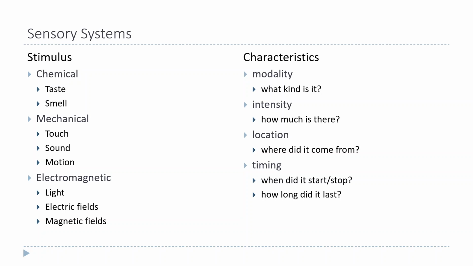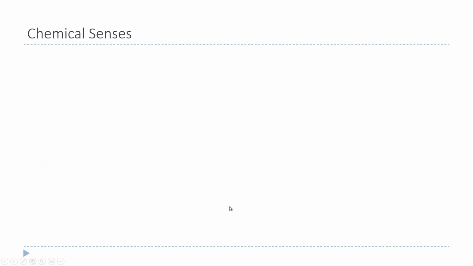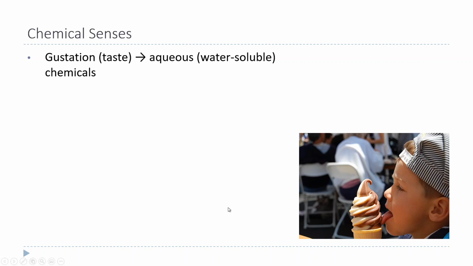Now, getting specifically to the chemical senses, there are only really two that we're going to talk about. So taste is probably the simplest of the sensory systems that we have, and the long name for taste is gustation. But usually it means the detection of water-soluble chemicals.